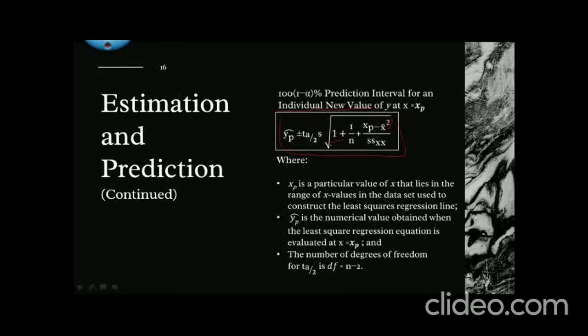So the difference from before is this 1 in here, and there is a square in here, where xp is a particular value of x that lies in the range of x values in the dataset used to construct the least square regression line, and yp hat is the numerical value obtained when the least square regression equation is evaluated at x equal to xp, and the number of degrees of freedom for t alpha over 2 is df equal to n minus 2.